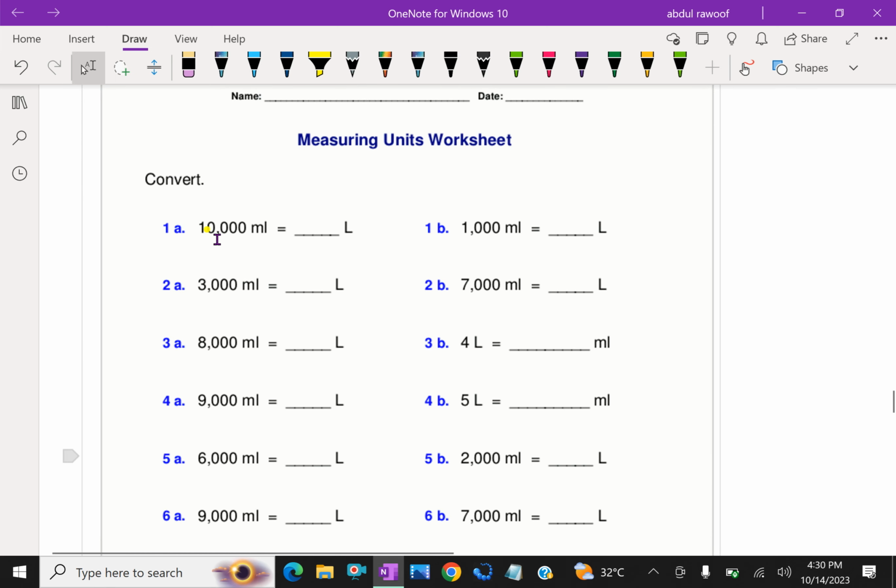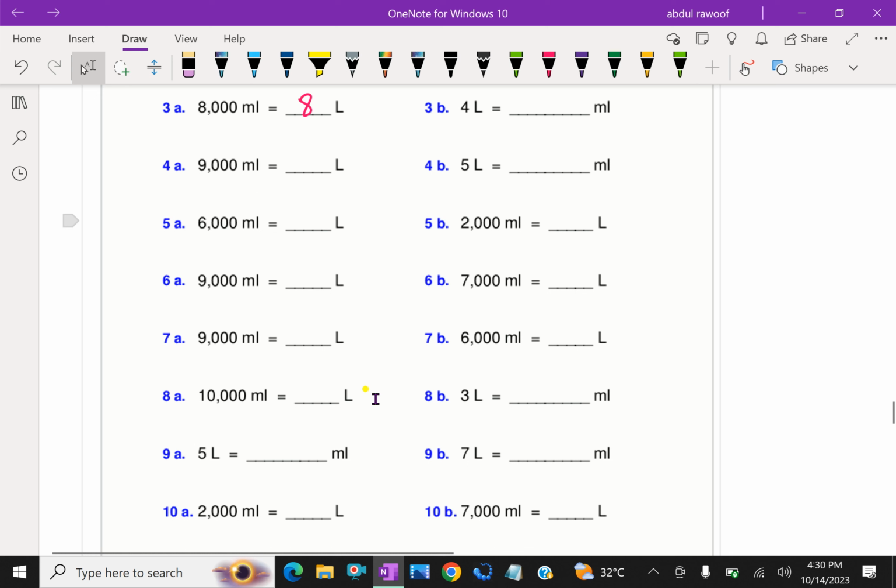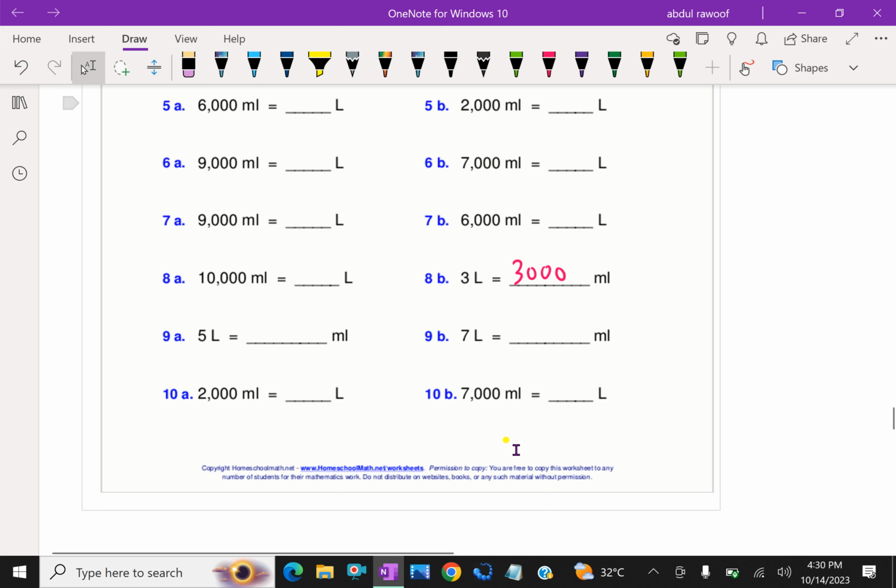Now look here. 1000 ml is 1 liter. Therefore 10,000 ml is 10 liters, 8,000 ml is 8 liters, 3 liters is 3000 ml, and 2000 ml is 2 liters.